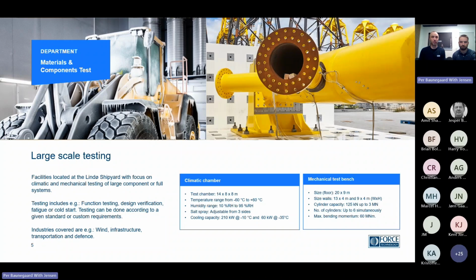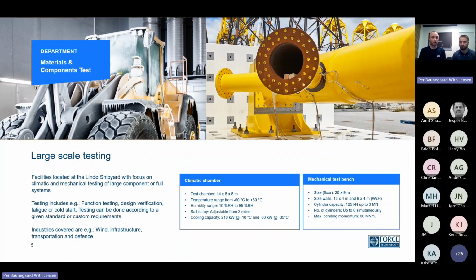We have also added different extra units for simulating sun in there. We can do exhaust extraction. And then we have our large-scale mechanical bench. That's the right image in the top here, where we can do different types of large-scale mechanical testing. We do fatigue testing of welds.